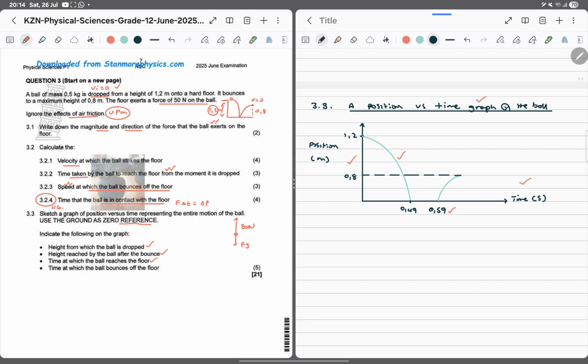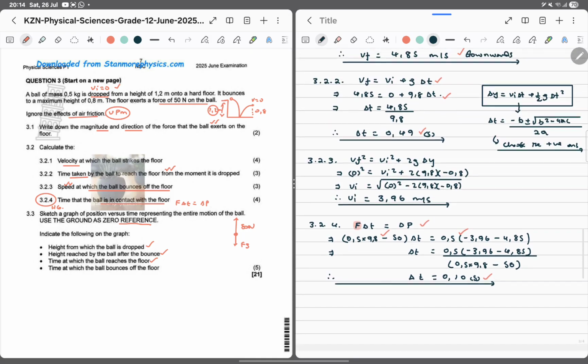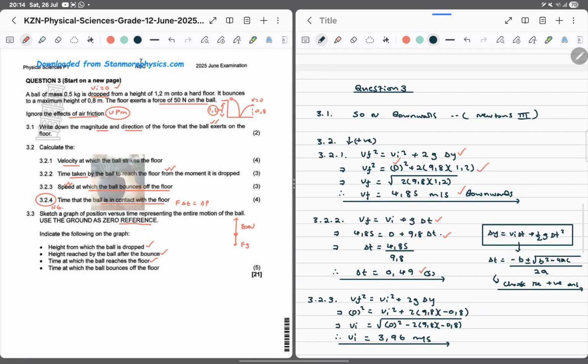Either way, with the correct sketch, we get full marks, okay? Provided we have shown everything that is required. So this, guys, was a very nice and tasty 21 marks. I do hope you followed nicely and you were able to see everything.